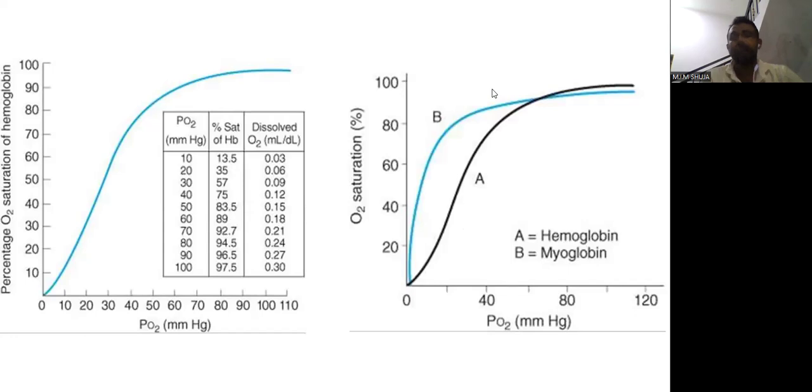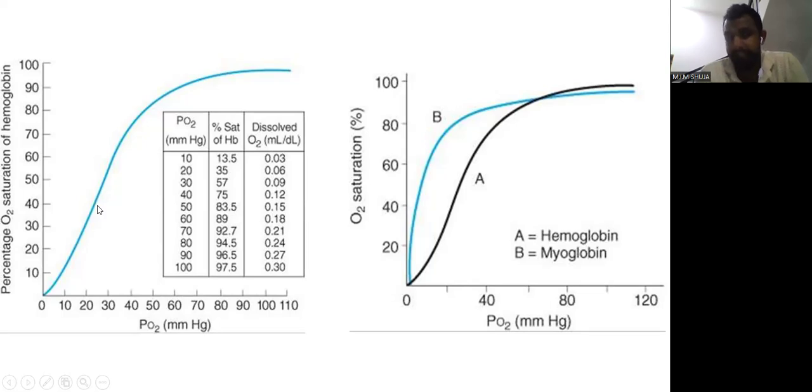So this is the graph. You should know how to draw a graph. So what is the easy way to draw a graph? You have to remember a few points, especially 2 points: what is the arterial level and what is the venous level.